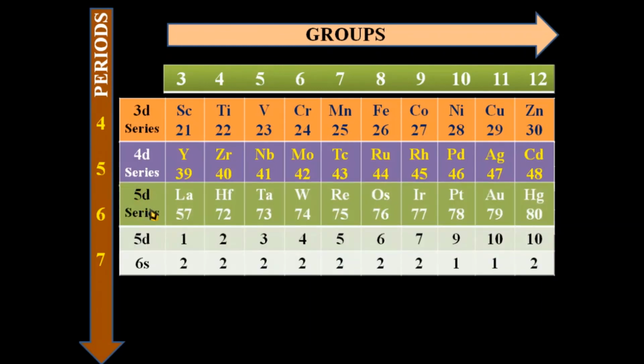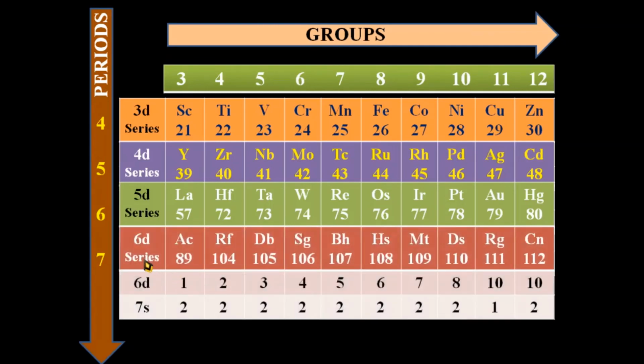Similarly, in the 5d series or the third transition series, which starts from lanthanum to mercury, we have the electrons present in the 5d orbital and the electrons present in the 6s orbital. Lastly, the 6d series or the fourth transition series, which starts from actinium to copernicium, or ununbium.